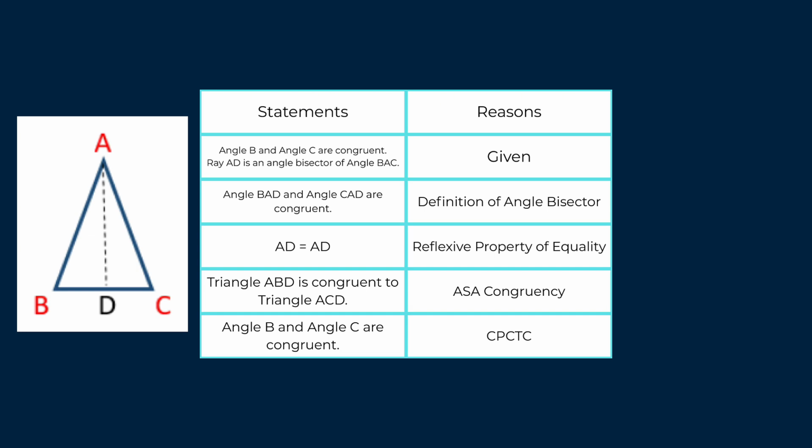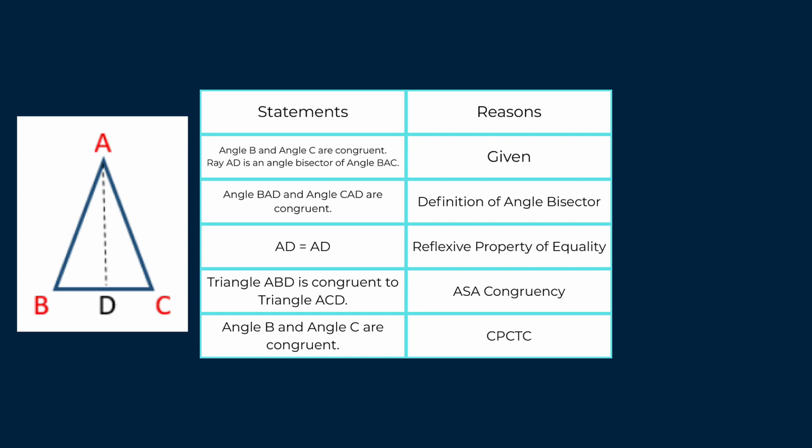And this is where the creative part comes into play. Because, if you can see, AD is congruent to AD. AD is the same thing as AD. They are equal and congruent by the reflexive property of equality.